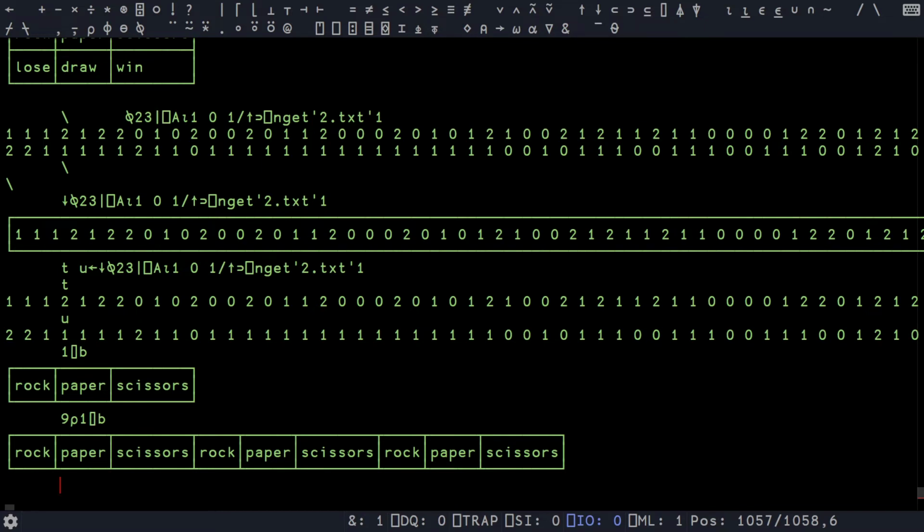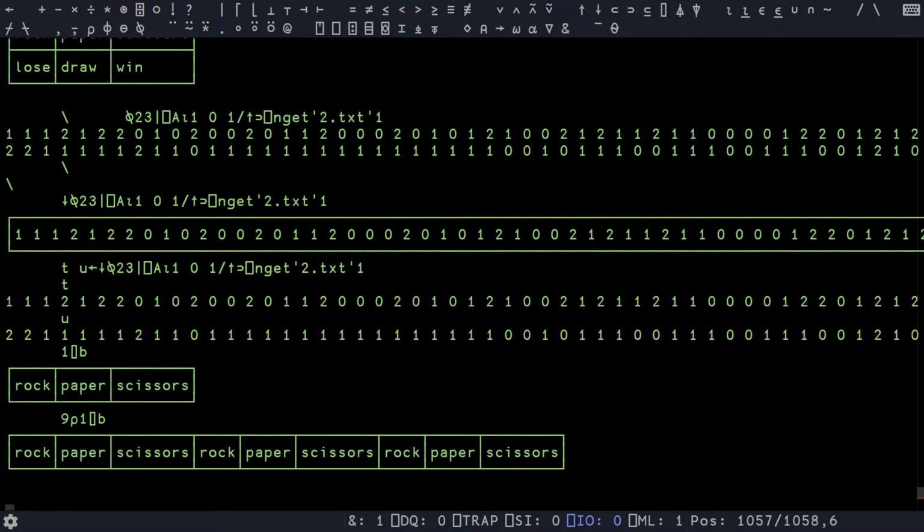And if we look at scissors, scissors wins against paper, but loses against rock. So basically, if we order the list of moves like this, rock, paper, and scissors, then each element draws against the same element, loses against the element behind it, and wins against the element in front of it.